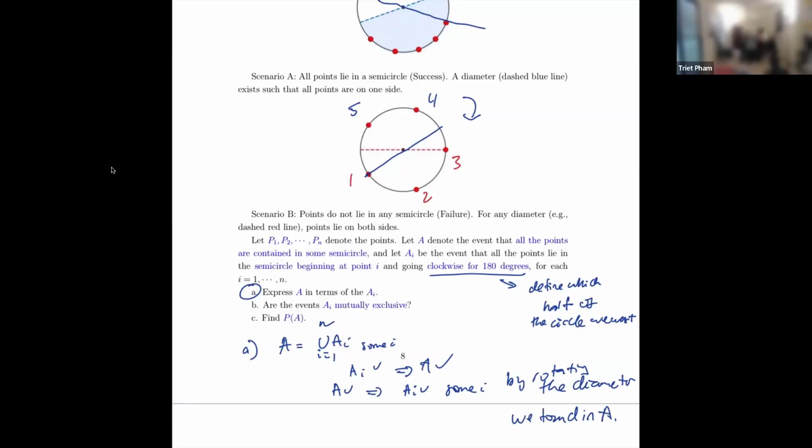All right. Now part B is asked exactly because of the inclusion-exclusion.